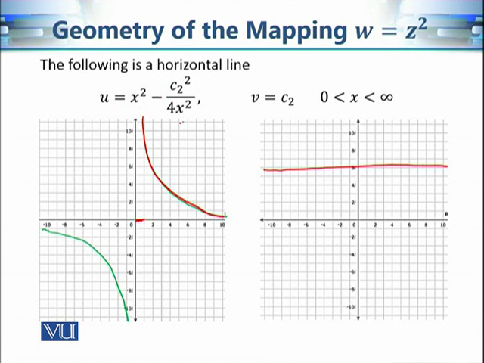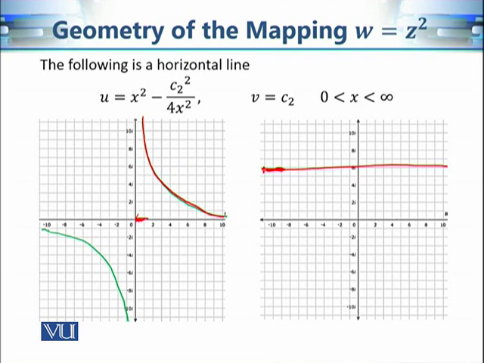So that's why this u is a very, very large negative number. So that's why we will be somewhere over there. So when we get very, very close to the origin, then we will be very far away from the origin, but on the negative side.